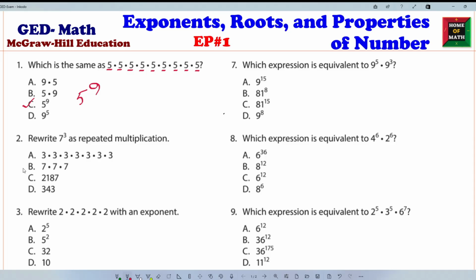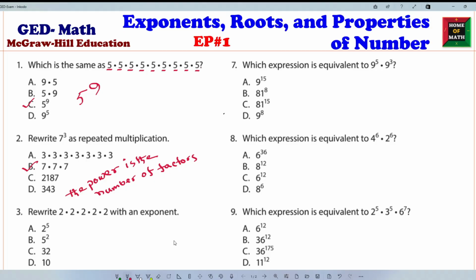So the power is the number of factors. Okay, hope you understand this one.